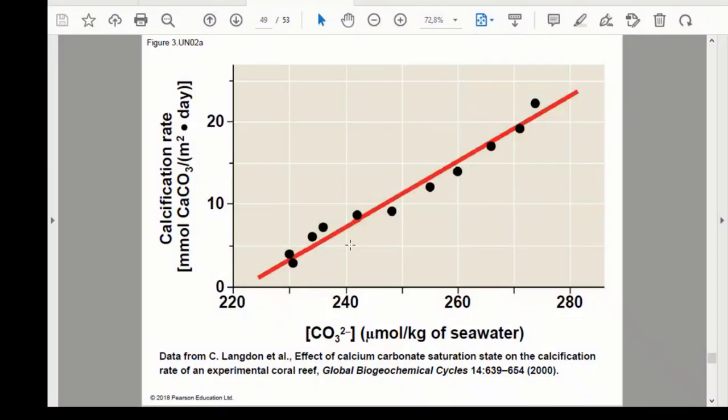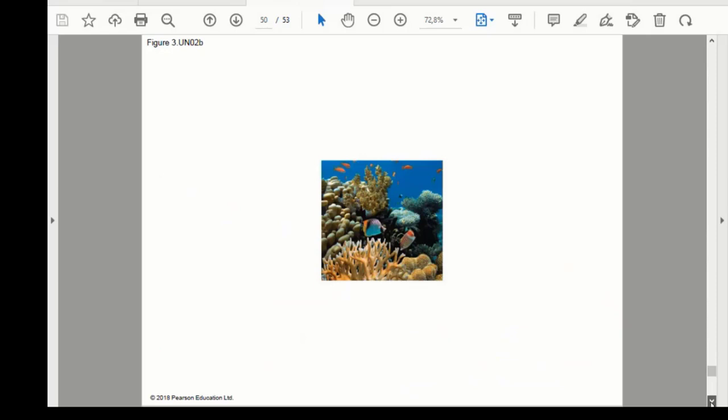And this is just a diagram showing the effects on calcification rate and the number of coral reefs affected in the experimental measure. So you don't need to worry much about the units in this diagram.